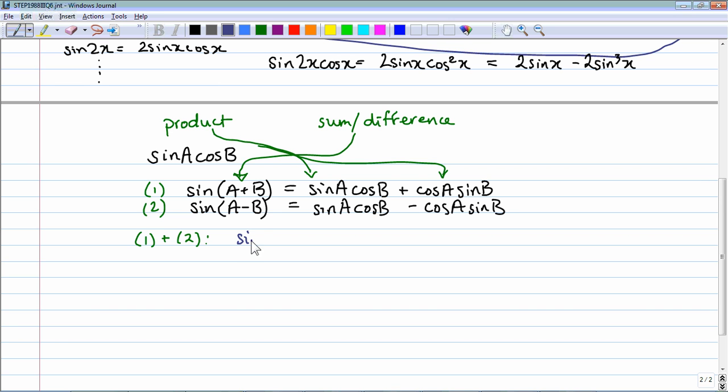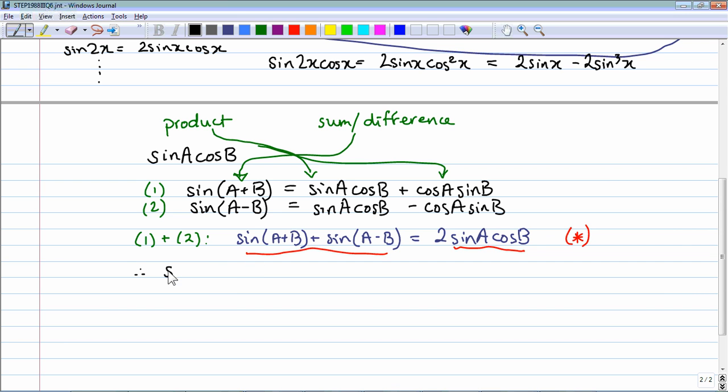We get sine A plus B plus sine A minus B equals 2 sine A cos B. So here we have a formula which serves the role of converting a product into a sum of two different angles. So therefore sine 2x cos x, so we can treat A as 2x and B as x.